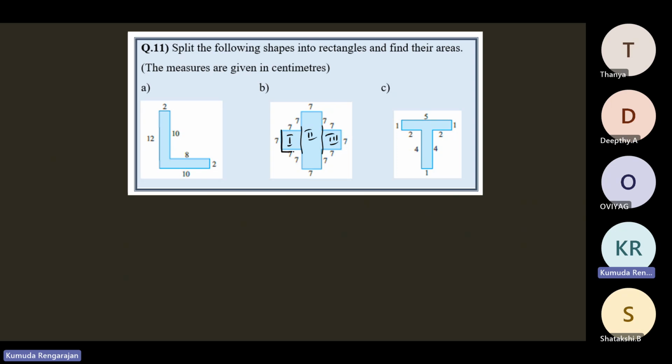So this one is a square, side 7 centimeters. This one is also a square, side 7 centimeters. And this one is a rectangle. Length is 7 and the breadth will be 21, because it's 7 here, 7 here, and 7 here. So 7 plus 7 plus 7, 21.